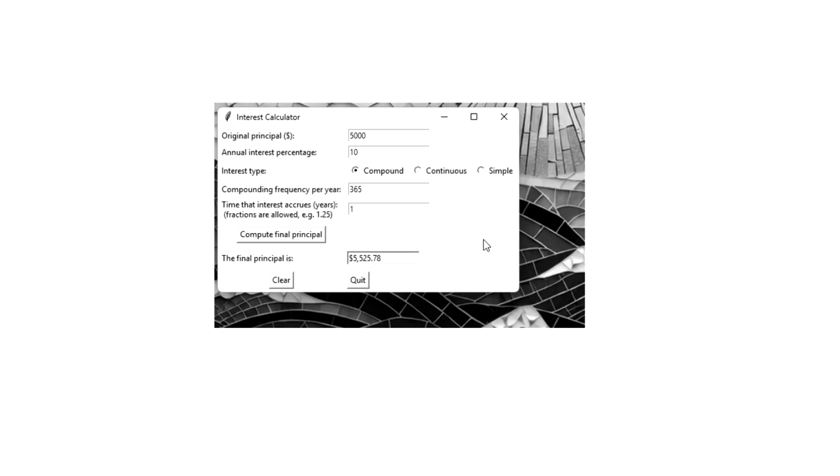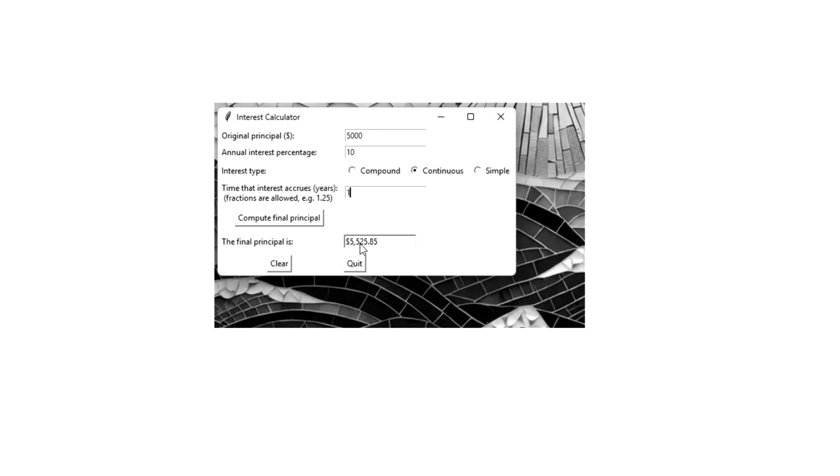What would be interesting is to put in the same numbers and see how close it is to this when we do continuous. So let's do that. So put in 5,000, 10%, and we'll do it for 1 year.